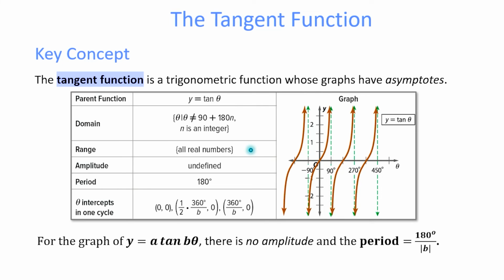Its amplitude, though, is undefined as the graph goes from a plus infinity to a minus infinity value. So it has no amplitude, and the intercepts are given by these 3 equations here. For the graph of y equals tan b theta, there is no amplitude, and the period, like before, is 180 degrees divided by the absolute value of b.